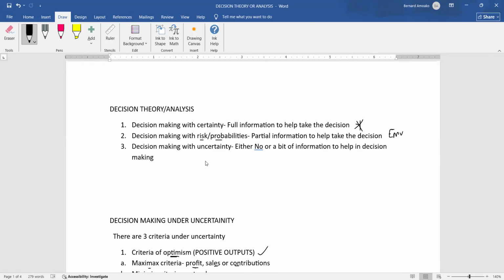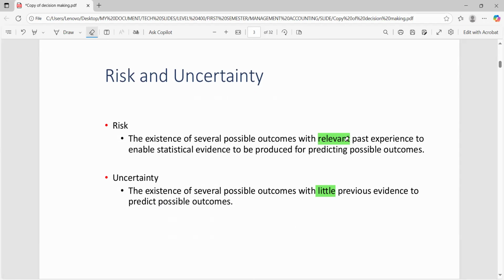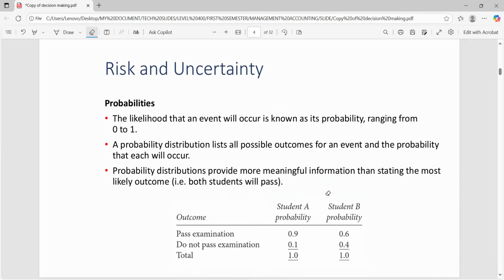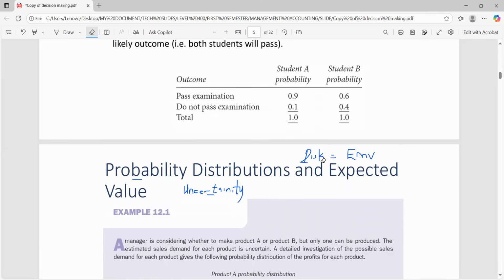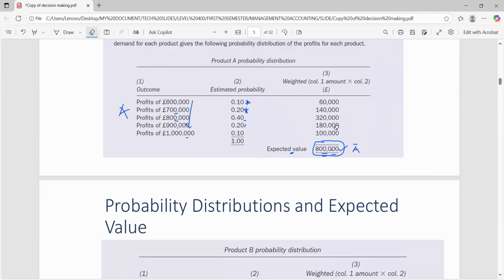If you read through the slides, you realize that risk has been defined, and this one says partial information, and then little or no information about the item that we want to take a decision on. With risk, we use the expected monetary value, knowing your probability and multiplying by the expected value.